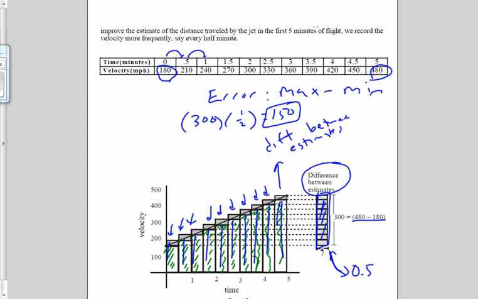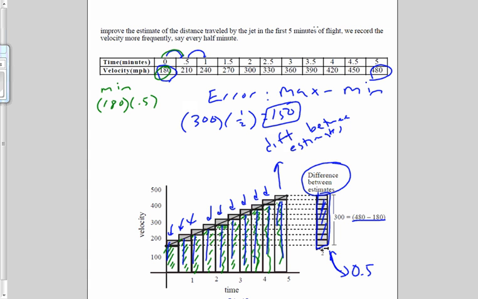Well, the other way that we could have found that difference, what we were looking at before, is that the only difference in our max and min estimations is going to be at our left point when I choose 180 for that first 0.5 interval. So in my minimum, I'm going to have 180 times 0.5, and that's going to be the only value that exists in my minimum estimation that doesn't exist in my maximum.